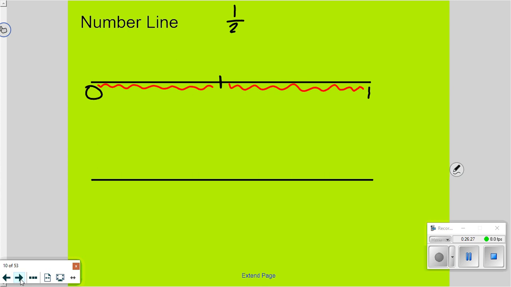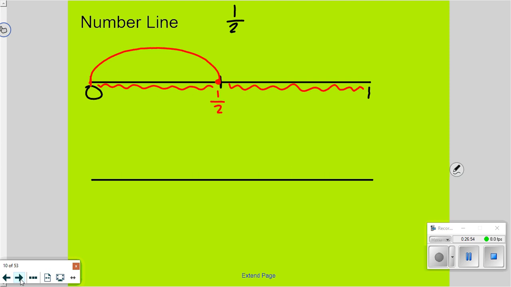Does that make sense? However, if I'm jumping forward 1/2, I might start at 0 and jump just this part. I only jumped 1 part out of the 2 parts it would take me to get to 1 whole.